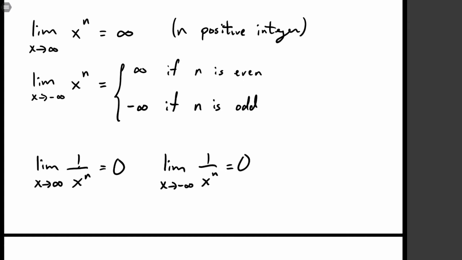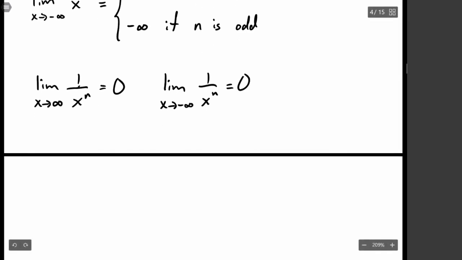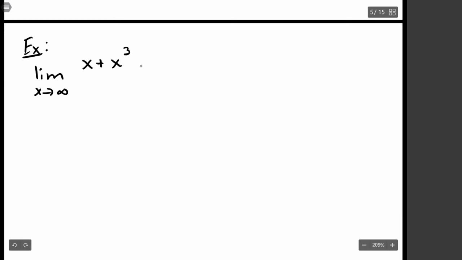All right, so what does that help us do? Well, it helps us compute limits when we go to infinity or minus infinity. Knowing this information, we can figure out certain things. So let's do an example here. We'll say the limit as x goes to infinity of x plus x cubed plus x to the fifth over 1 minus x squared plus x to the fourth.